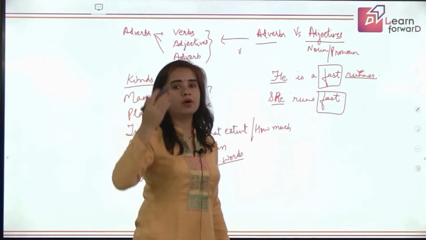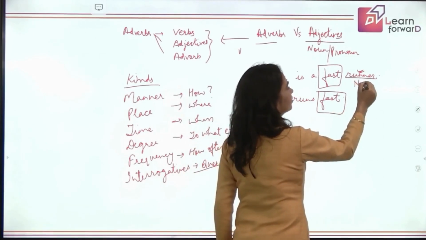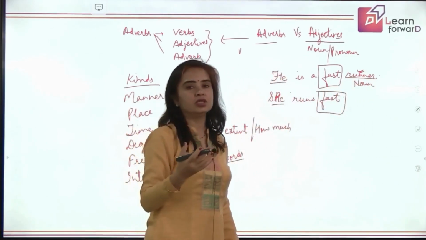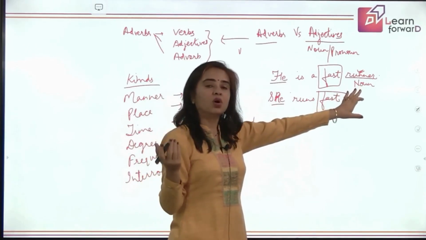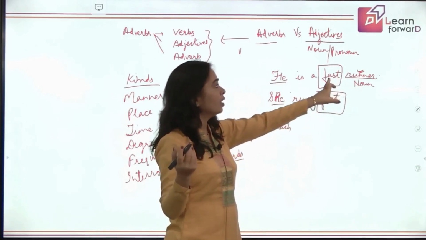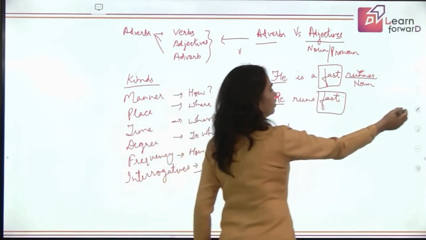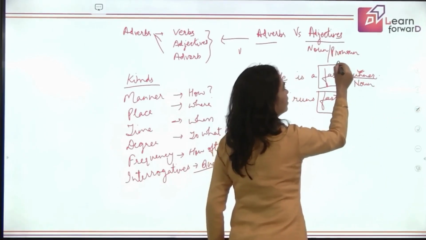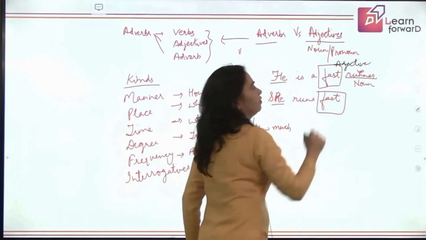If you talk about parts of speech, runner is a noun, like he is a doctor, she is a teacher, he is a scientist. Now, when this word is telling you more about a noun, it becomes what? It becomes an adjective. So this word is playing the role of an adjective in this sentence.